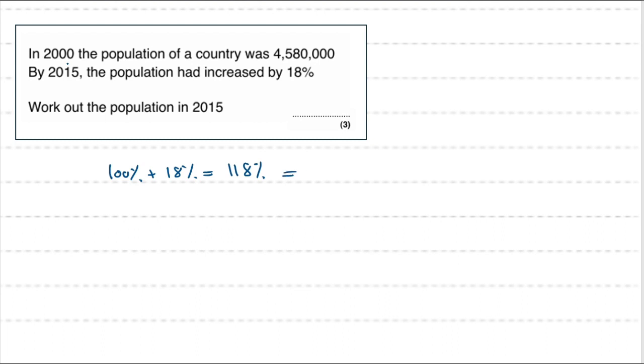So in decimal, it becomes 1.18. To work out the population in 2015, we multiply the multiplier 1.18 by 4,580,000, and that gives us 5,404,400. So the answer is 5,404,400.